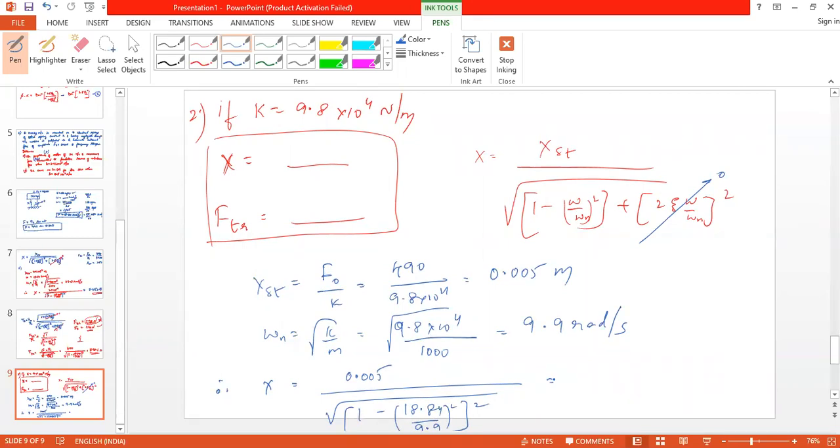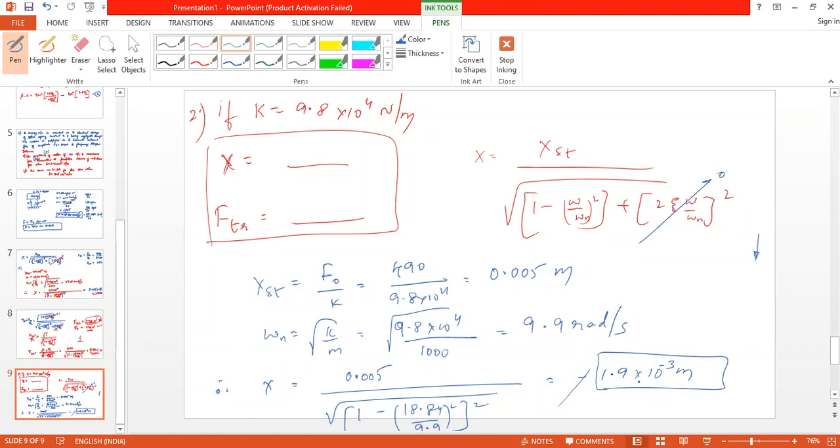So we'll get minus 1.9 into 10 power minus 3. See, x is a displacement and the force is sinusoidal in nature, so you can neglect this sign.